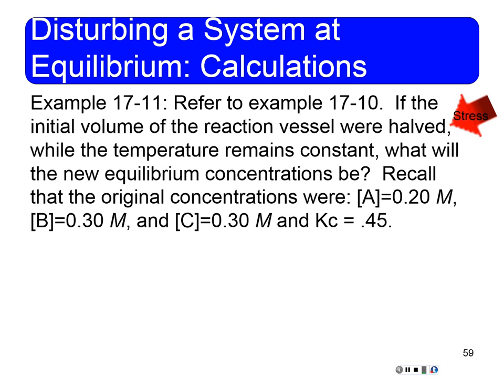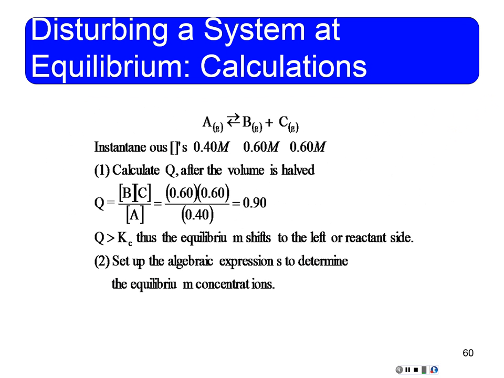If we double our concentrations, now we're going to have 0.4, 0.6, and 0.6. So Kc is 0.45. If we double our concentrations, that's here for Q, because we've now stressed the system. We're not at Kc anymore, and Q is 0.9.